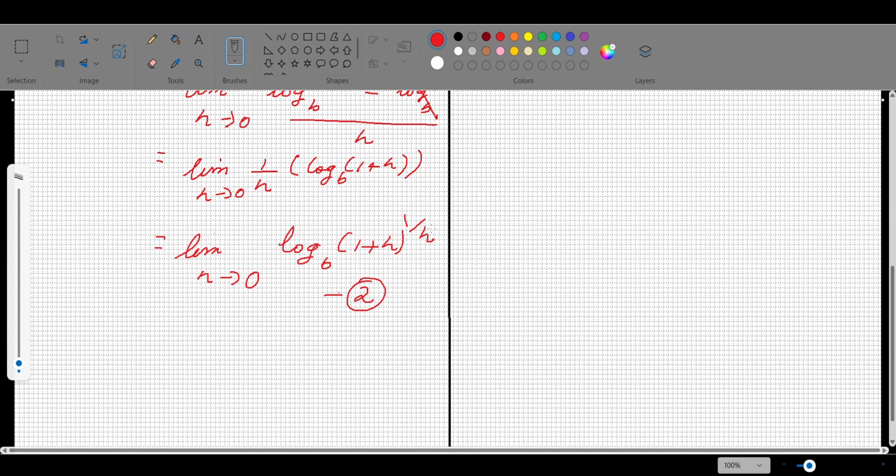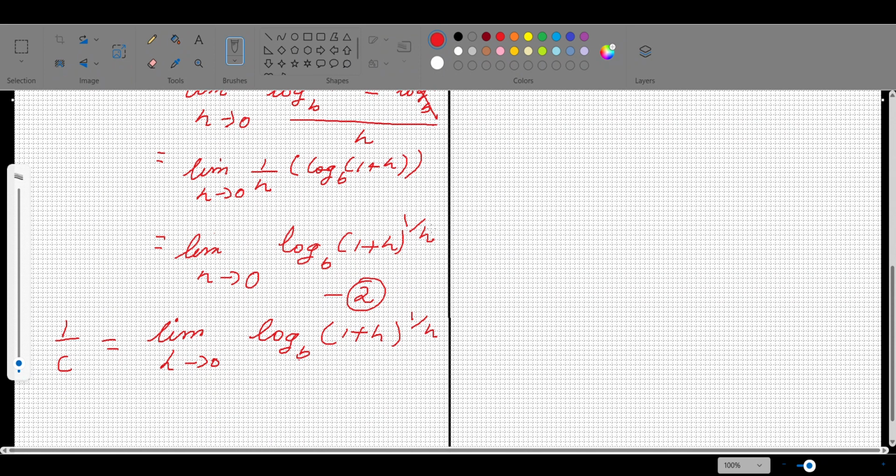Now if you see both 1 and 2, the right hand sides are giving you values of the derivative of a logarithm. So let's equate these two right hand sides. We can hence say that 1 by c is equal to limit of h tends to 0, log to the base b of 1 plus h to the power of 1 divided by h.